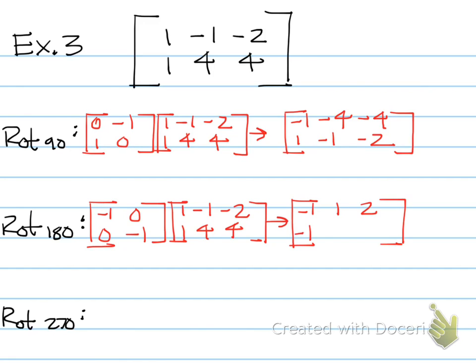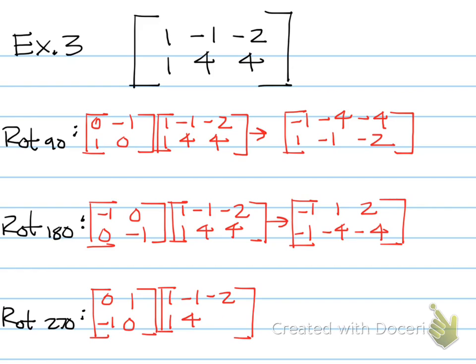When we do that, we'll get negative 1, 1, and 2, negative 1, negative 4, negative 4. And then lastly, take the 270 matrix, 0, negative 1, 1, 0, and multiply that by our vertex matrix, and we get the following vertex matrix for our image.